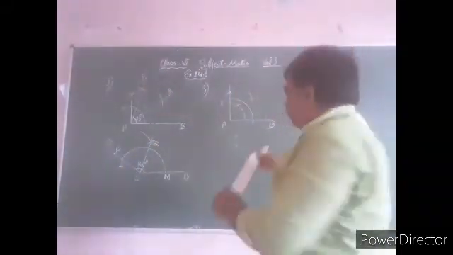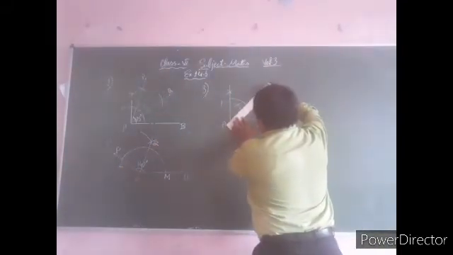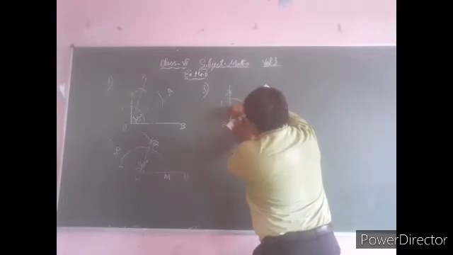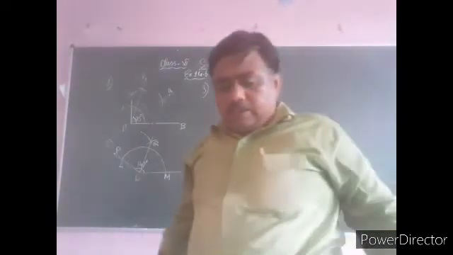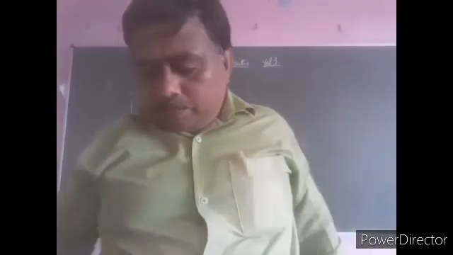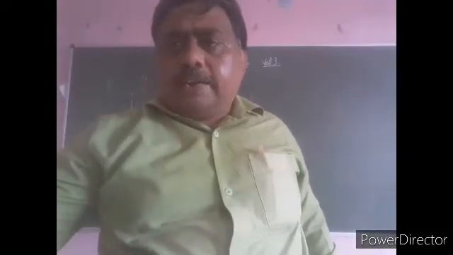So join them. This is 45 degree, that is the bisector of the right angle.